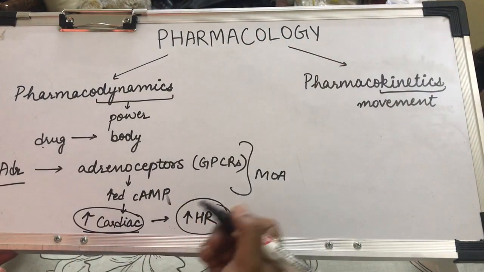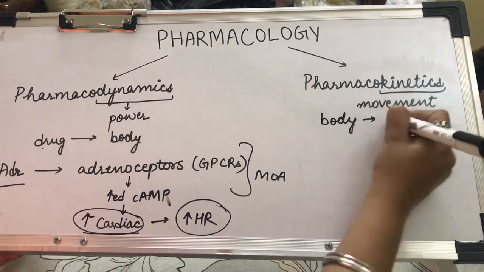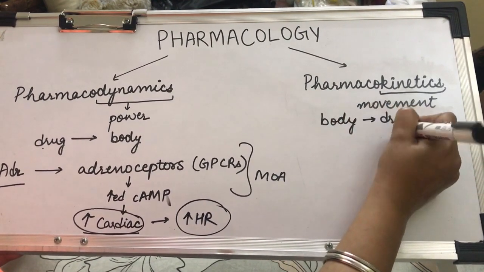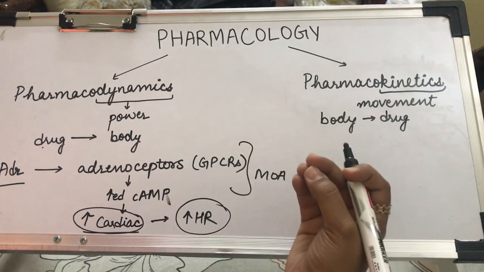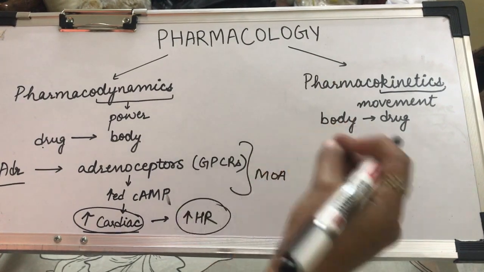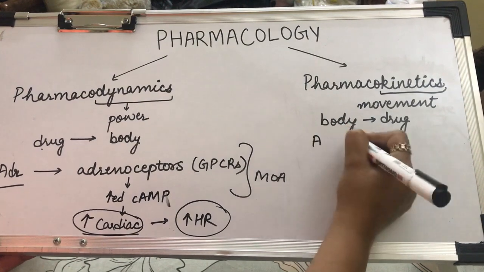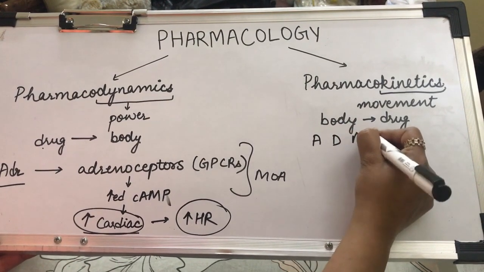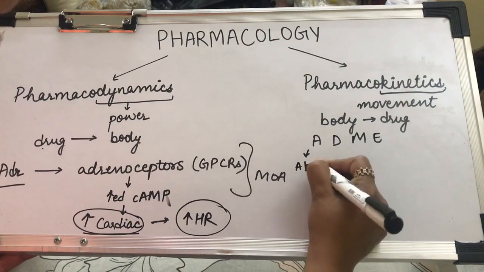What is kinetics? What the body will do to the drug once you have taken the drug. If you are taking the drug orally, for example a tablet, it will be disintegrated and broken down, and then it will be absorbed.